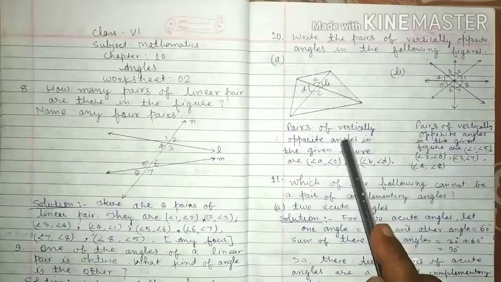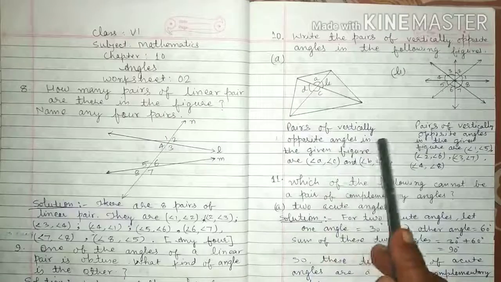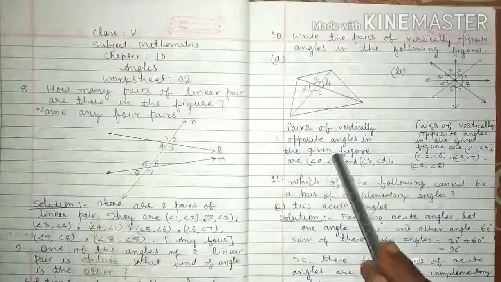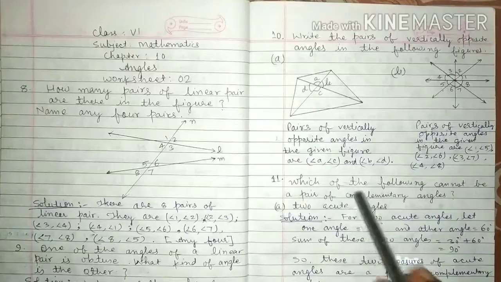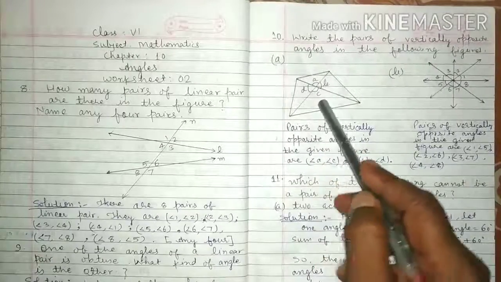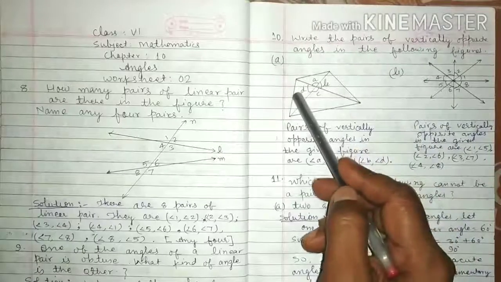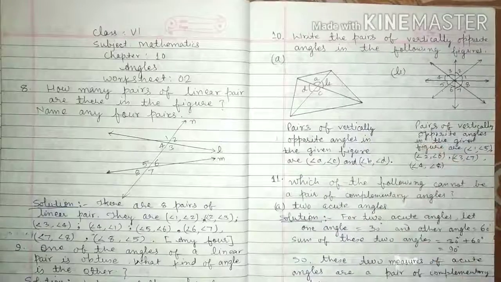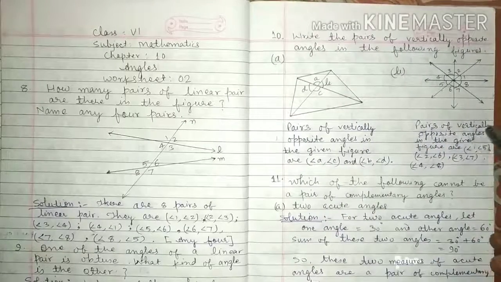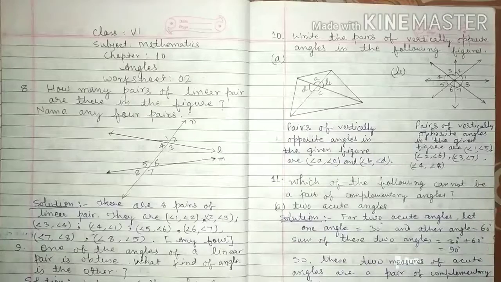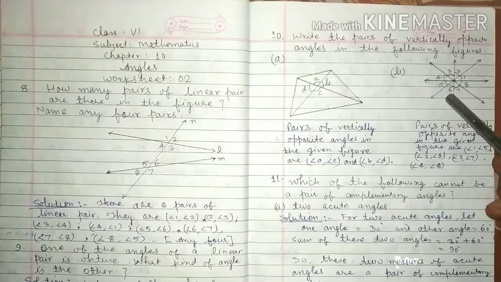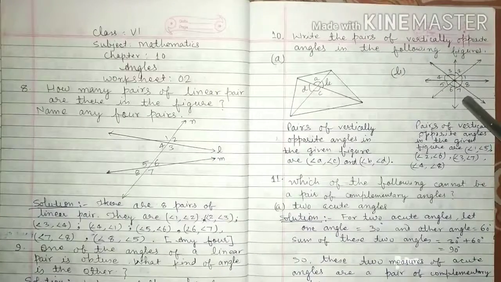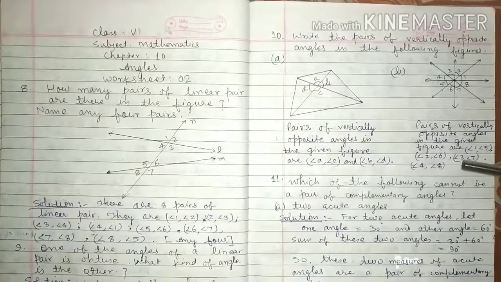Question A. In this figure, pairs of vertically opposite angles are angle A, angle C, and angle B, angle D. This is the answer of question A. Now question B. In this figure, pairs of vertically opposite angles are angle 1, angle 5; angle 2, angle 6; angle 3, angle 7; angle 4, angle 8. This is the answer of question B.